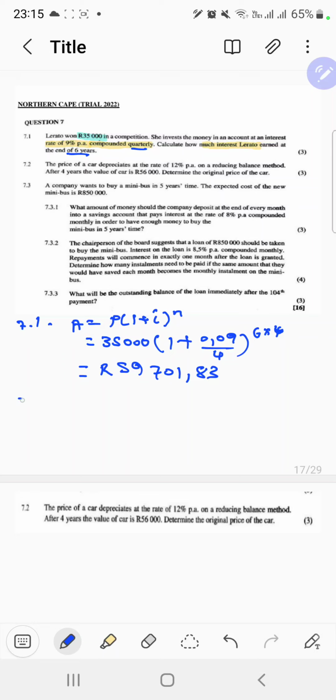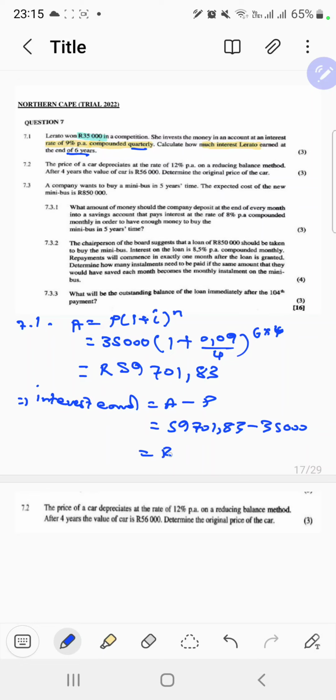This implies that the interest earned by Lerato is equal to this amount here, which is our A value minus our original amount. That is easy, right? So this is 59,701.83 minus 35,000.